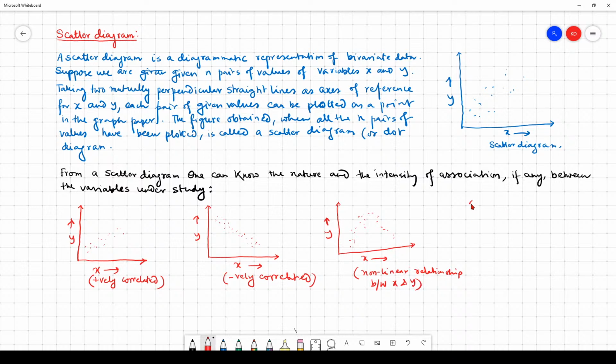And if as x increases, y is fixed, or y increases with x fixed, then this is called zero correlation. That is, x and y are uncorrelated.